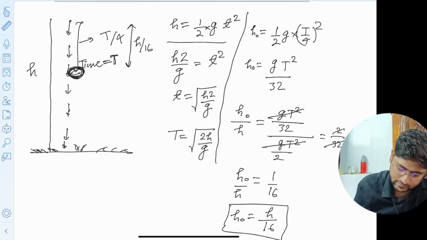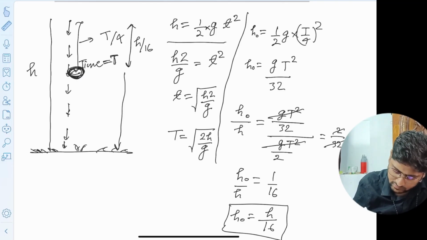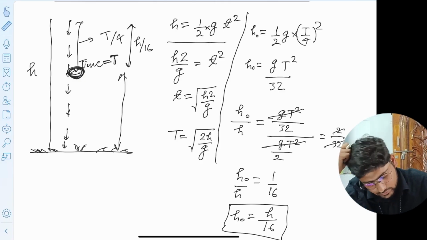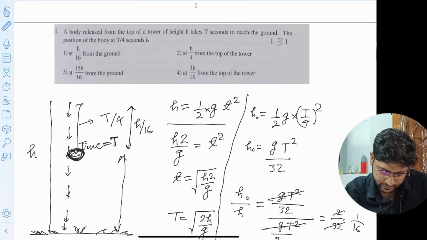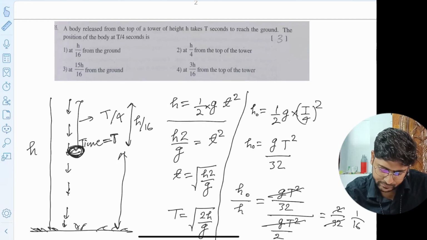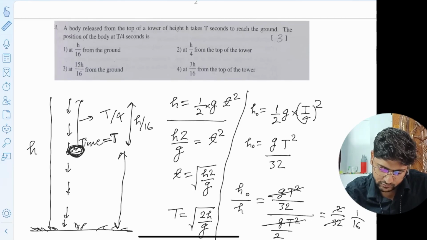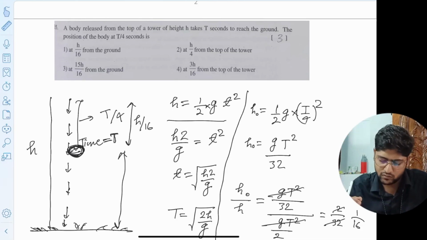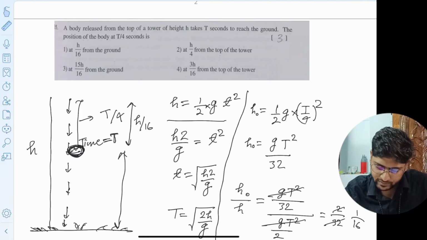So what are the options? At h by 16 from the ground? Not from the ground, from the top of the tower it will go downward h by 16.